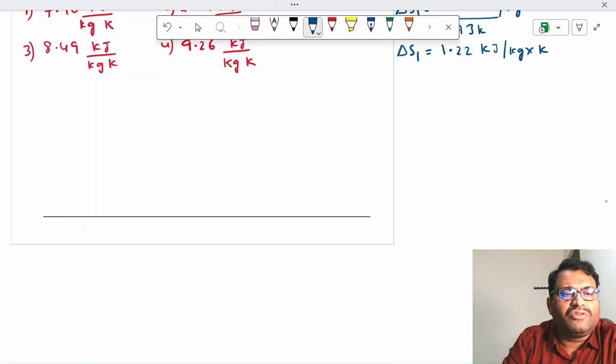Now step 2, already we have seen step 1. Now we have water at 273 Kelvin.